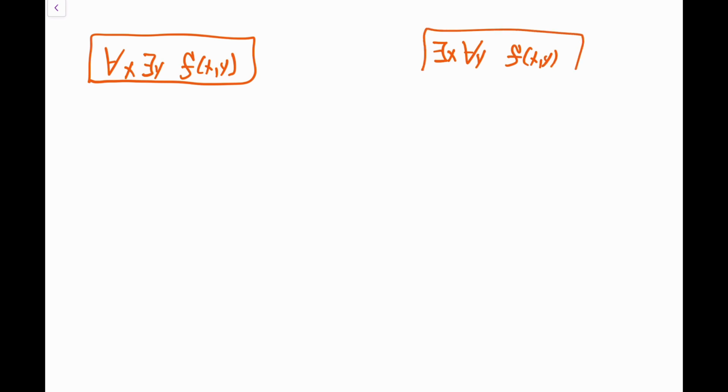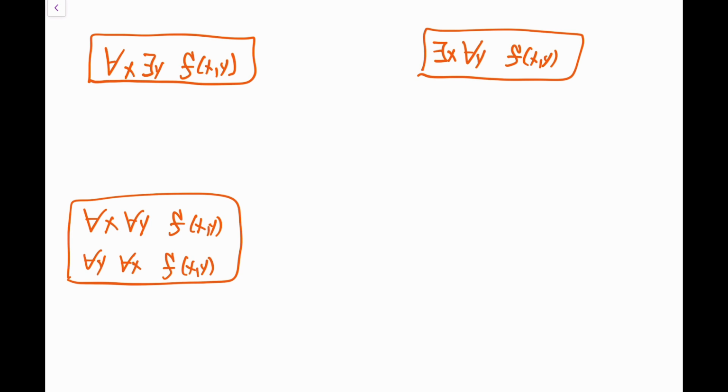That's another possibility. We might have, for all x, for all y, f of x, y. Alternatively, maybe something like for all y, for all x, f of x, y. We might have there exists an x such that there exists a y, f of x, y, or there exists a y such that there exists an x, f of x, y.